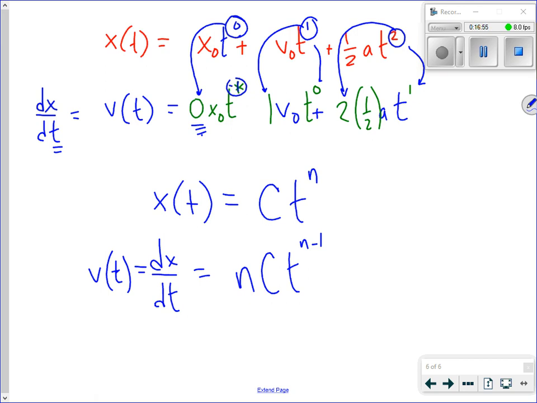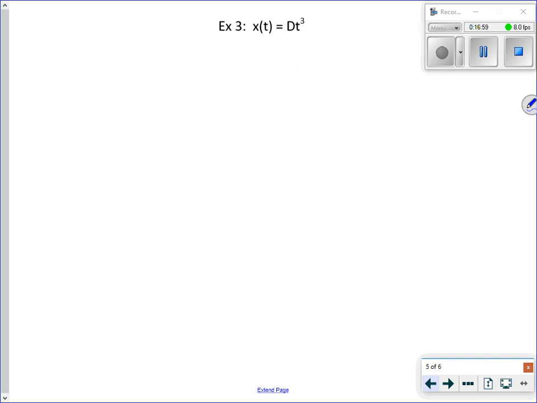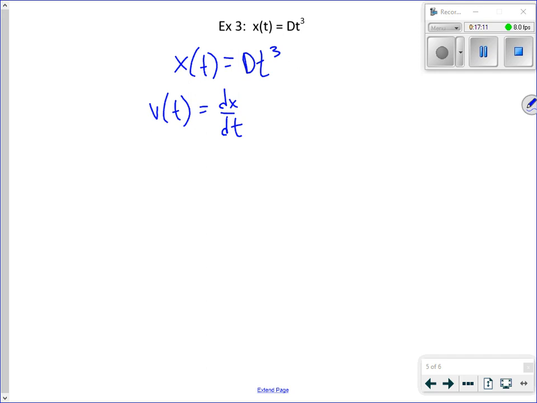Right? So you know that using the algorithm, if x of t is d t cubed, then v as a function of time, which is equal to the derivative of position with respect to time, the algorithm says you go 3 d t squared.